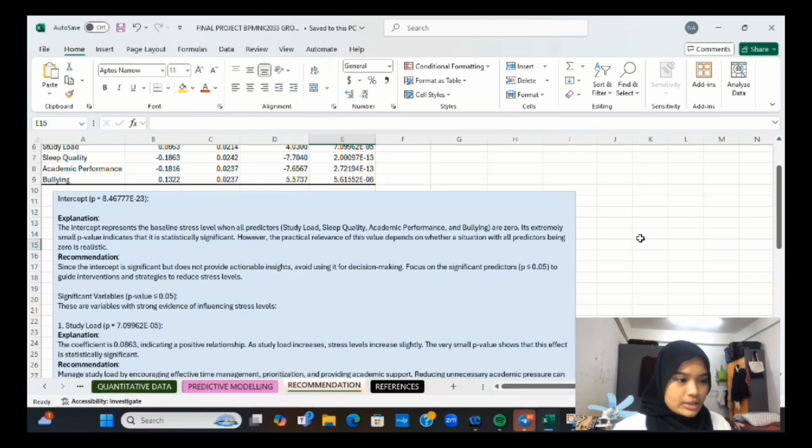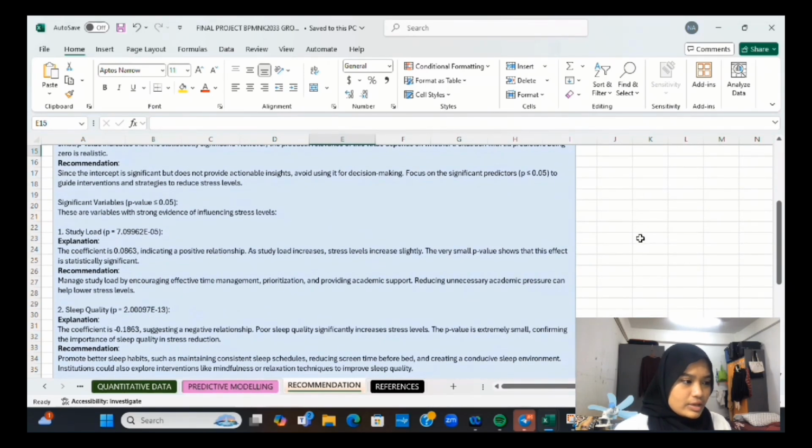However, the practical relevance of this value depends on whether a situation with all predictors being 0 is realistic. The recommendation is, since the intercept is significant but does not provide actionable insights, avoid using it for decision making. Focus on significant predictors, p less than or equal to 0.05, to guide interventions and strategies to reduce stress level.